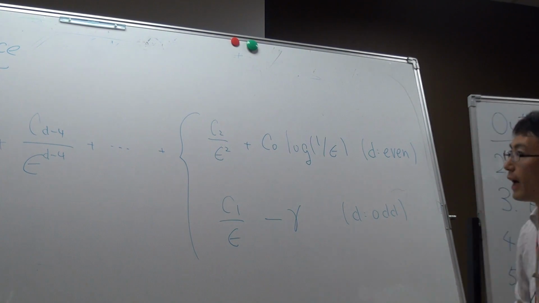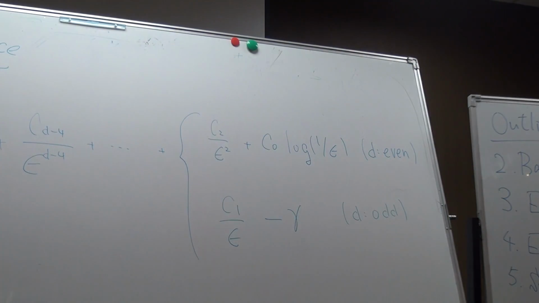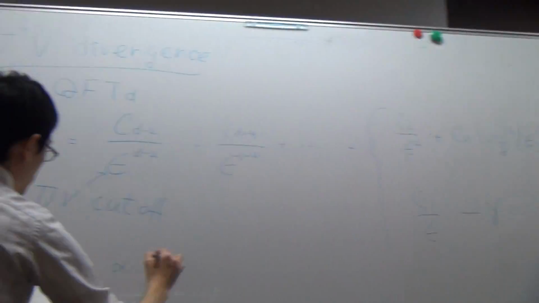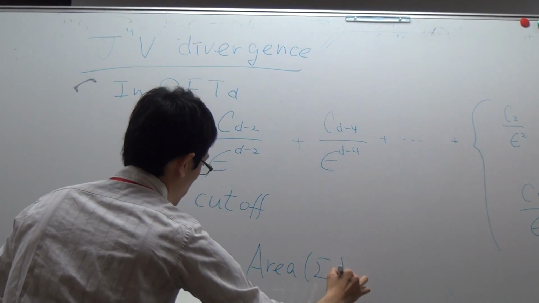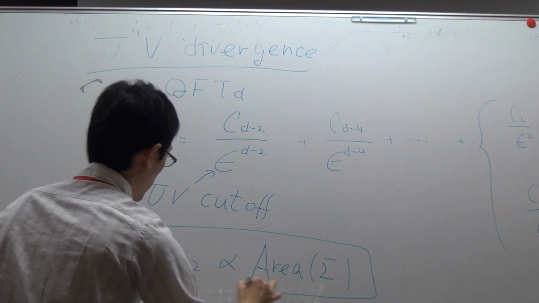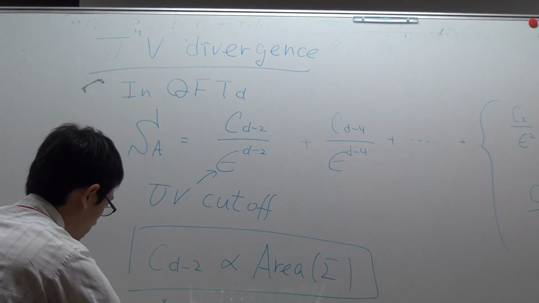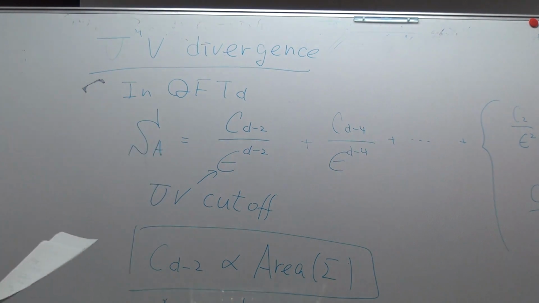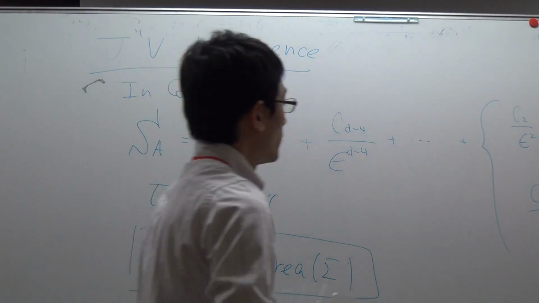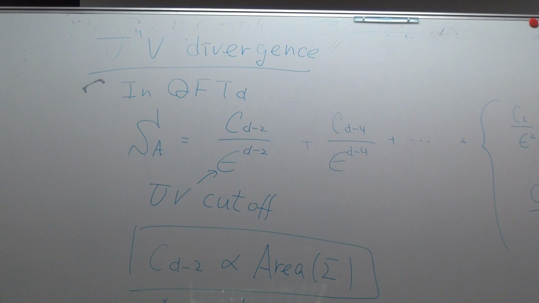Okay. And the first coefficient is proportional to the area of the entanglement surface. This is called the area law. And C naught is related to the conformal anomaly in even dimensions.